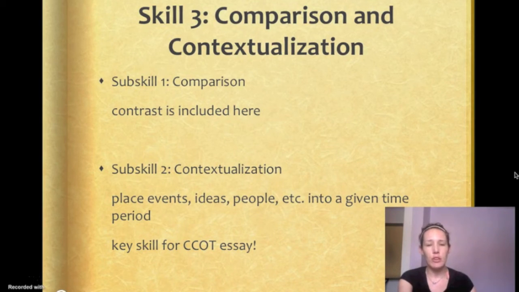Then contextualization. Again, in a lot of ways you can compare this to periodization, sort of. It's the idea that you're making sure that you put things into a proper context. Actually, I'm thinking about English class when I'm thinking about contextualization. So, for example, if your teacher had you read A Tale of Two Cities by Dickens, what you probably do at a certain point in class is you contextualize the book.